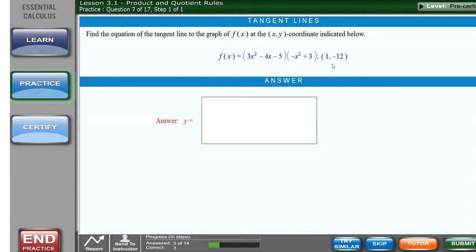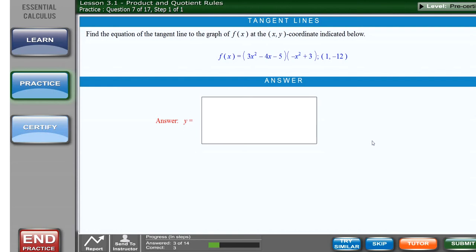Remember, a tangent line is a line that touches the graph at exactly one point, specifically in this case, the point (1, -12). So the idea is you need to get the derivative, plug in that x value to get what we call our slope, and then we can go back to algebra and use what's called slope-intercept form. We want to write our answer in that form.